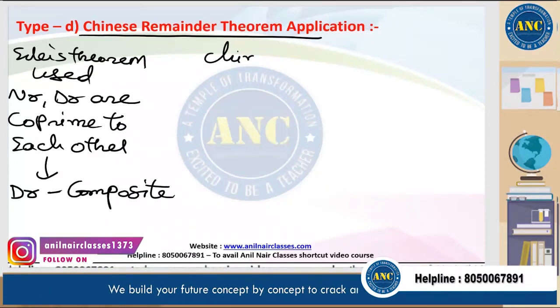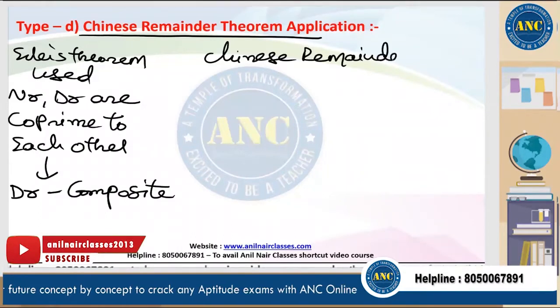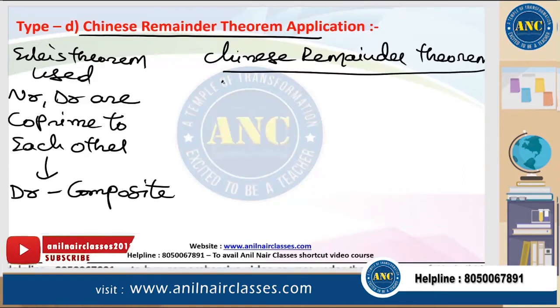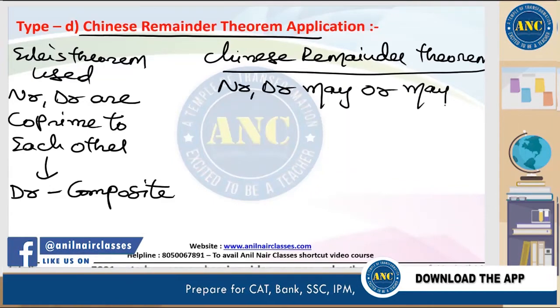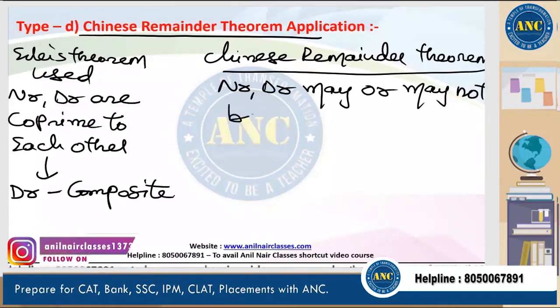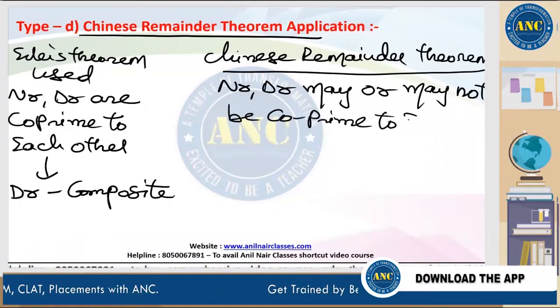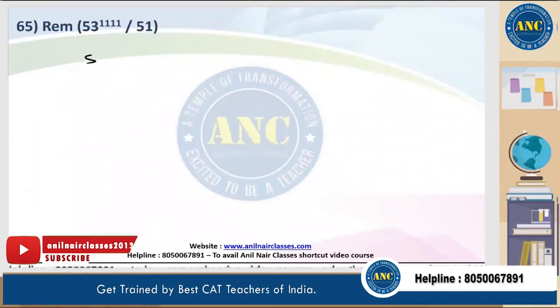Chinese remainder theorem says the numerator and denominator may or may not be co-prime to each other. First point.